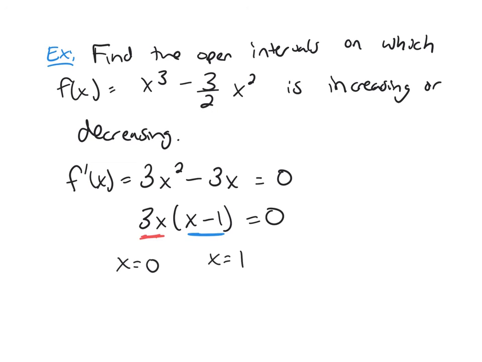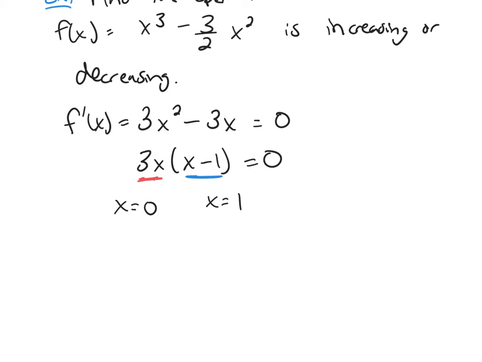So you're going to take those two numbers now and put them on a number line. Here's 0 and here's 1. And then what you've done is you've broken up the number line into regions. And so what you need to do is pick a test point, a number, in each one of those pieces.